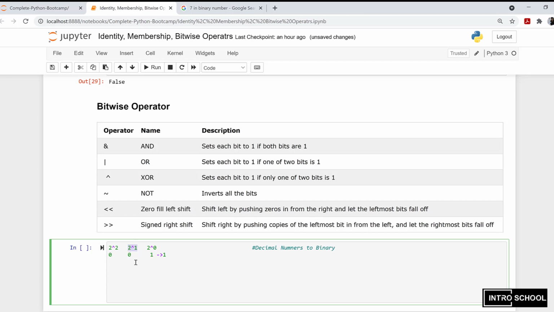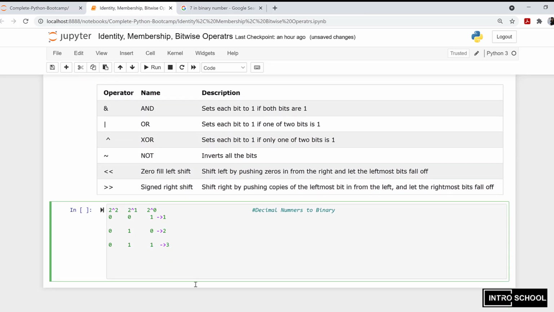This value corresponds to 2, so I mark 1 there and 0 for the others. This is my decimal number 2. Now for 3: 2 raised to the power 1 is 2, and 2 raised to the power 0 is 1. If both these bits are 1, 1, that corresponds to the value 3.